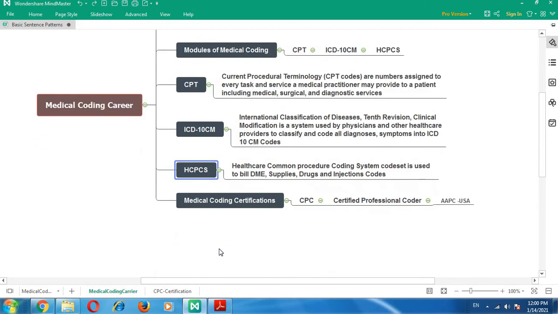The third module is the HCPCS codes module. HCPCS stands for Healthcare Common Procedure Coding System code set, and is used to bill DME supplies, drugs and injection codes.